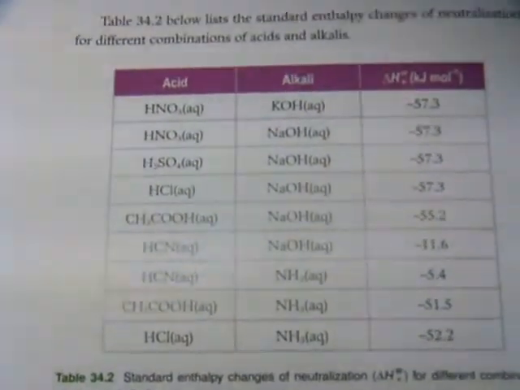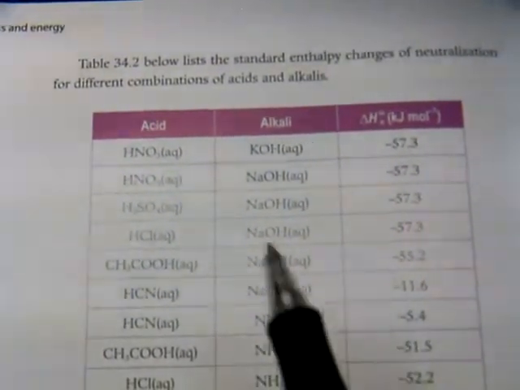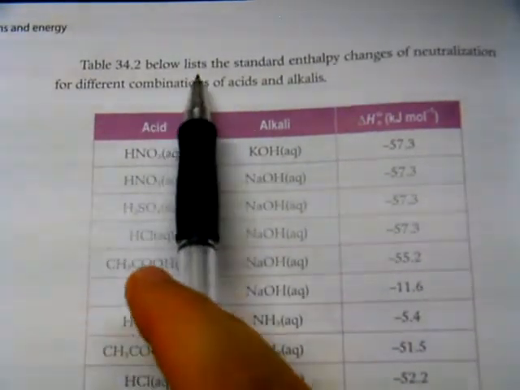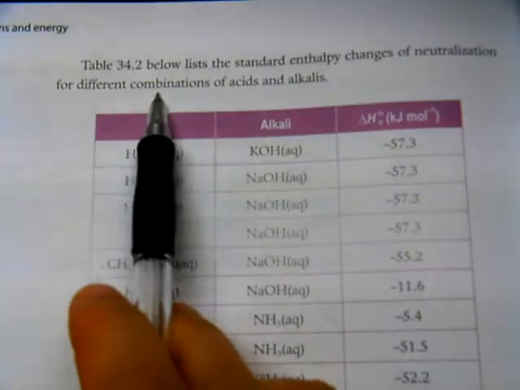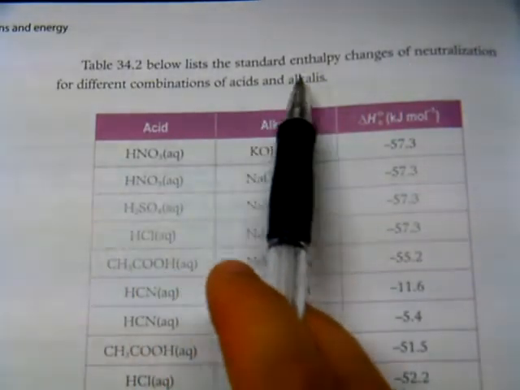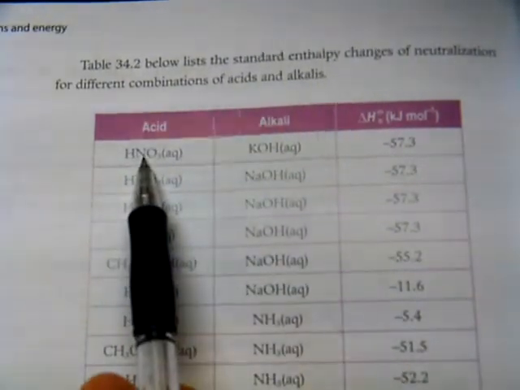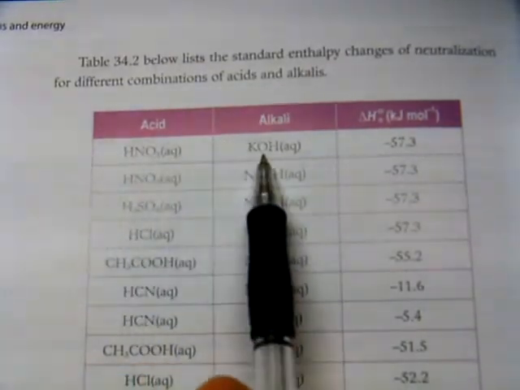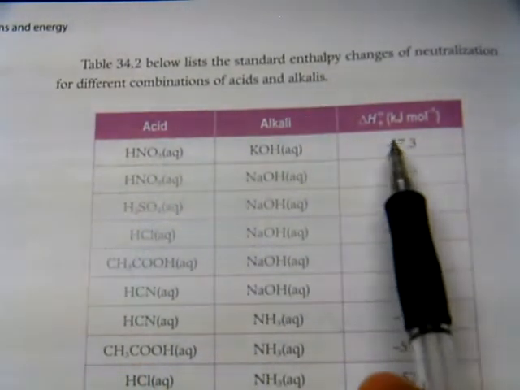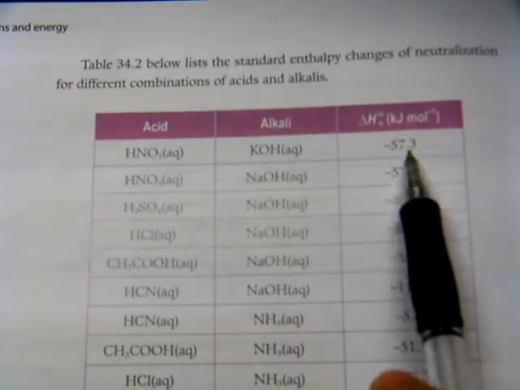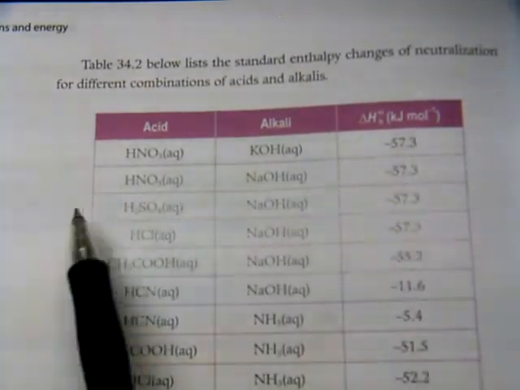Please look at this table. The table below lists the standard enthalpy changes of neutralization for different combinations of acids and alkalis. If the acid is nitric acid and the alkali is KOH, the heat of neutralization is negative 57.3.